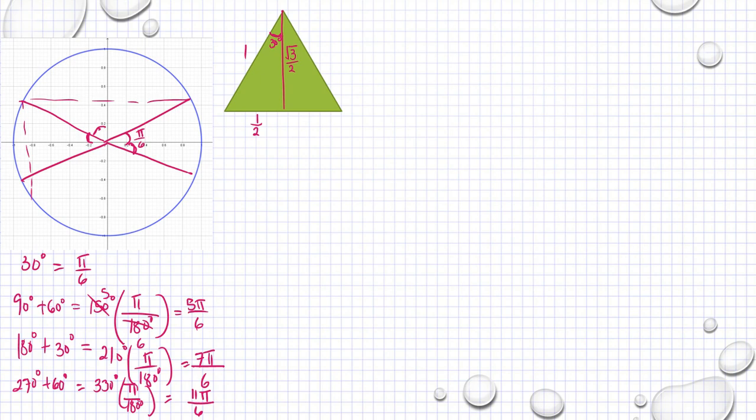Okay, if we put them together now, this one is 5 pi divided by 6. And then the next one is 7 pi divided by 6. And the third one, there you go, we have 11 pi divided by 6. So for the trigonometric functions now, we have sine pi divided by 6, that's 30 degrees.